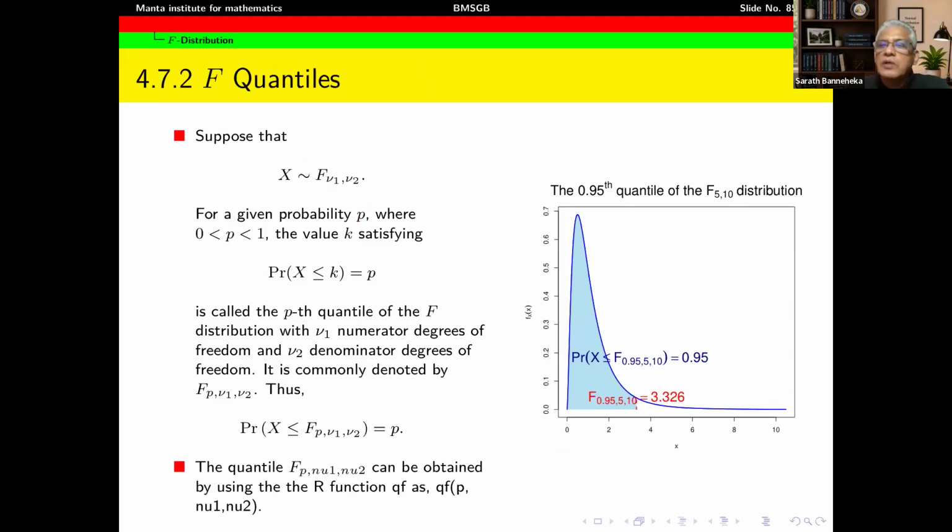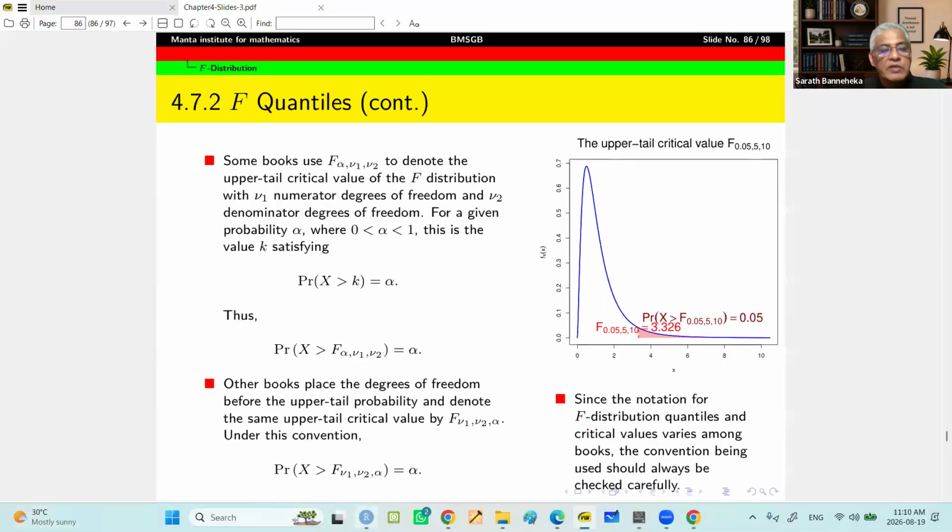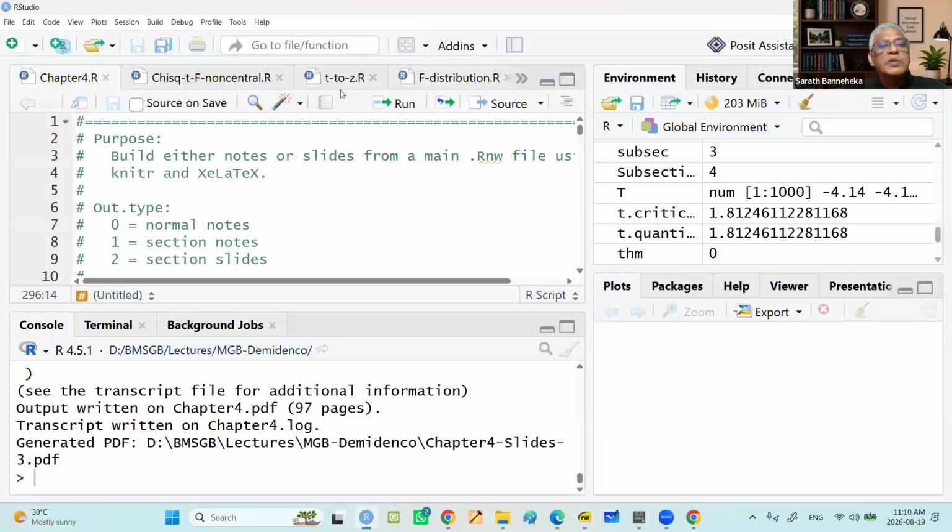Now I'll show you, using our Shiny app, how the shape of the density changes with the changes of the two degrees of freedom.